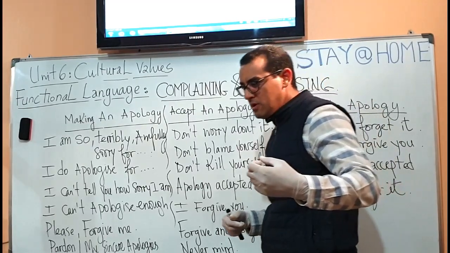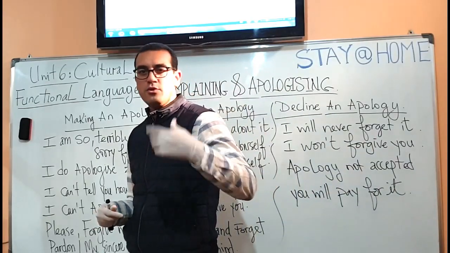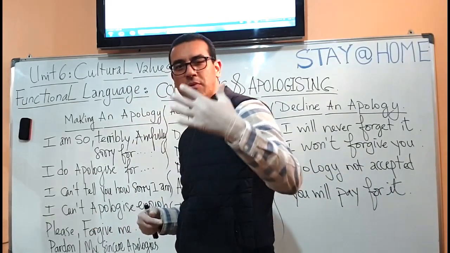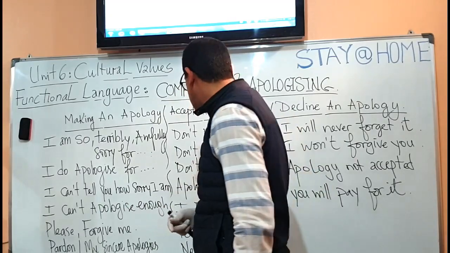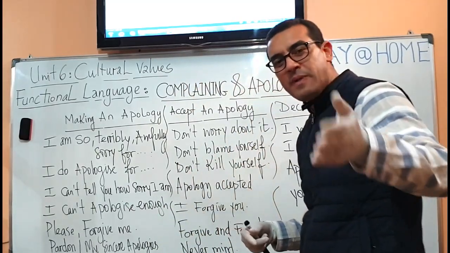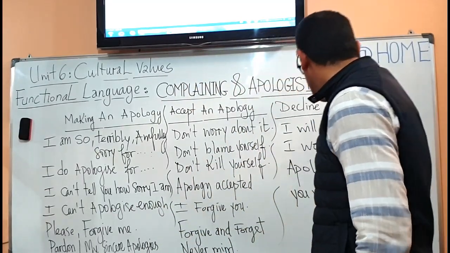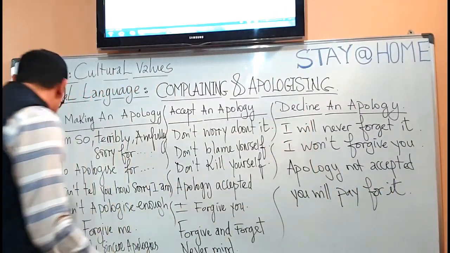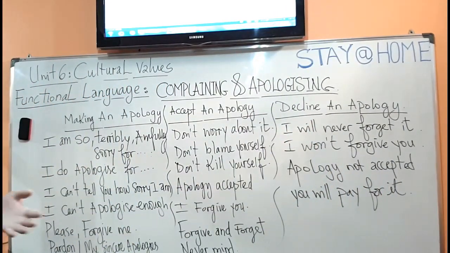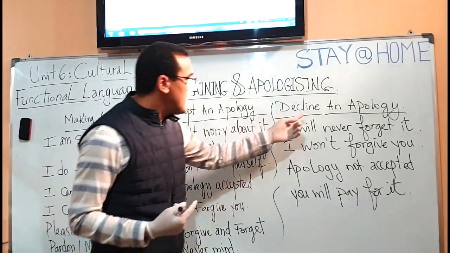Pay for it means that you will receive the due punishment, the necessary punishment for this mistake or for this wrong thing or bad thing that you did or said. You will pay for it. So all these expressions here are used and intended to decline an apology.